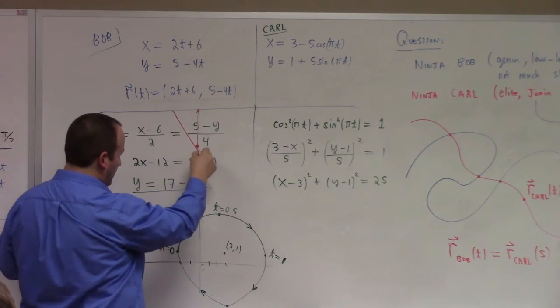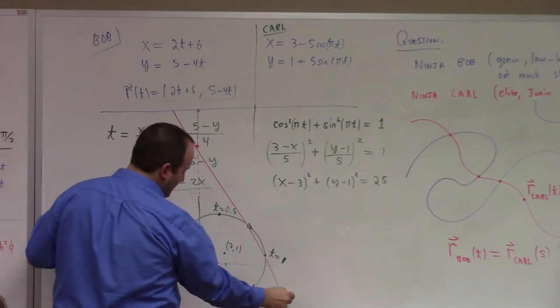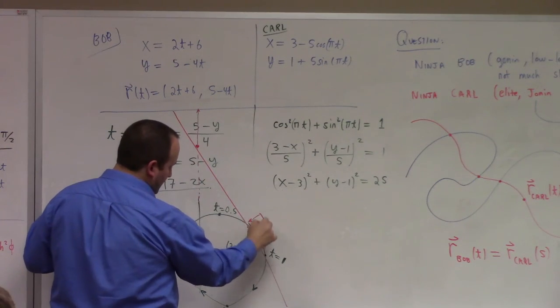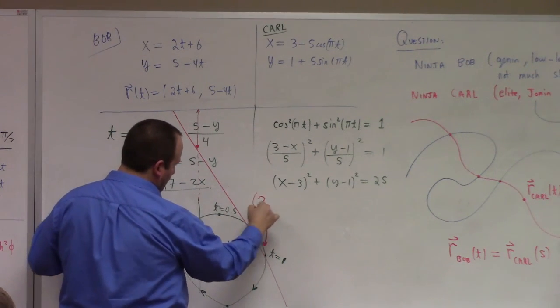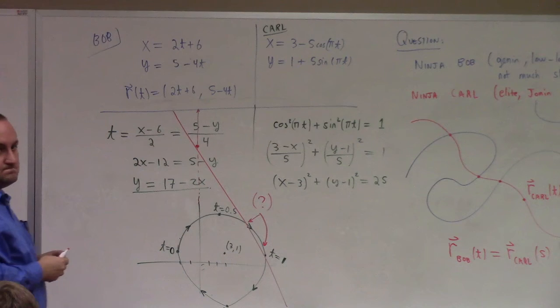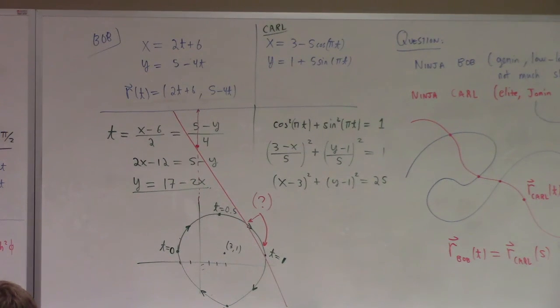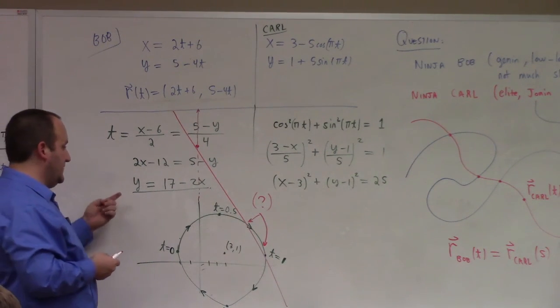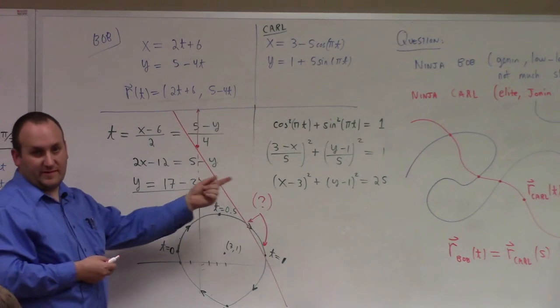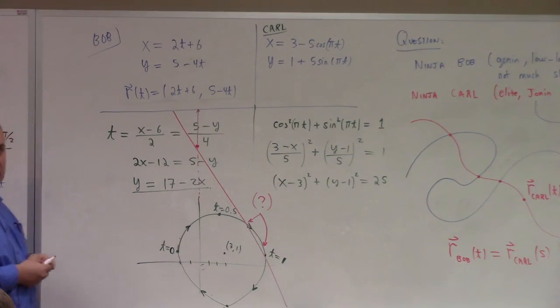I'm not sure; these points of intersection are questionable, unless I've made a mistake in the graph. How do you find if they actually intersect? It's pretty simple: just plug this equation into that equation and see what you get.